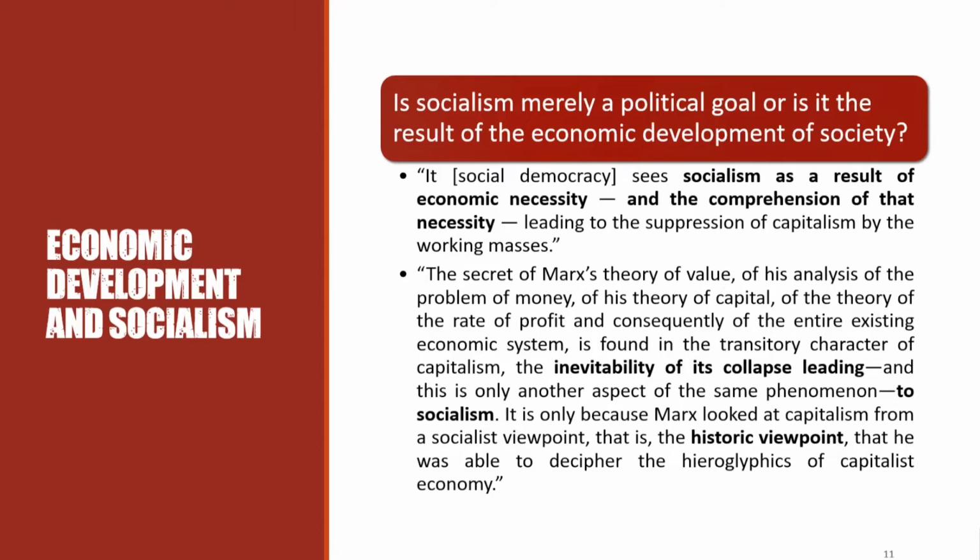But this is actually a pretty interesting clarification, right? It's that the comprehension of the necessity of socialism is what will actually bring it about. We need people to be conscious of this shit. They have to know about it. That's why we would say that the primary objective of even a vanguard party is to educate people. That's right. Educate and agitate.